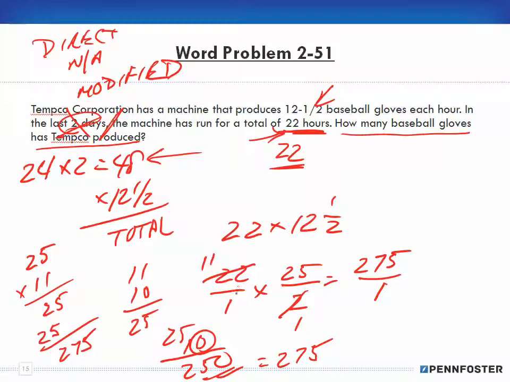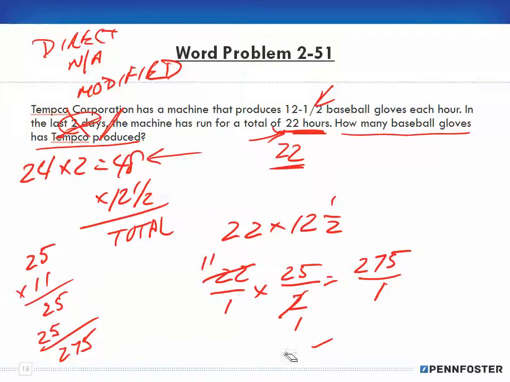Again, let me go over this so that it makes sense, because it's just a little shortcut trick, whatever you want to call it. We have to multiply 11 times 25. We can do it on a calculator, we can do the math by hand on a piece of paper, or we can think.